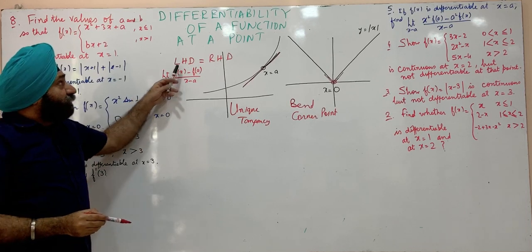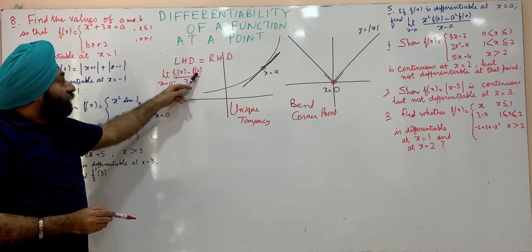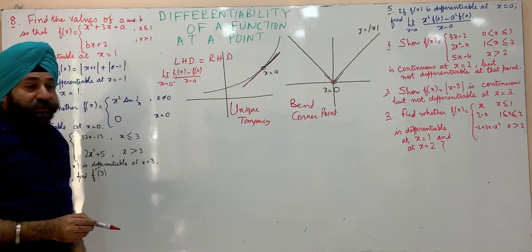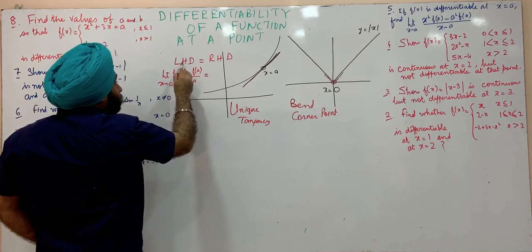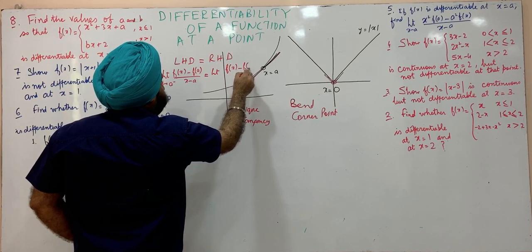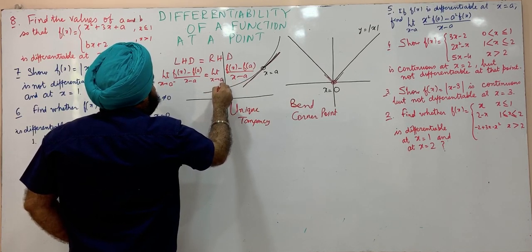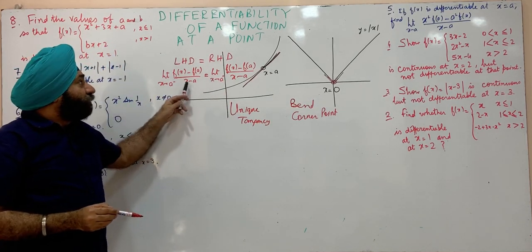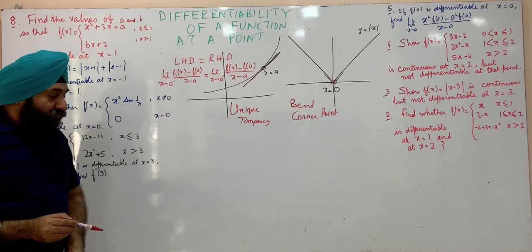F of x is the function whose differentiability we are studying, and x is equal to a is the point at which we have to study the differentiability. So a minus is for the left hand derivative, and the right hand derivative is the limit of f of x minus f of a upon x minus a as x approaches a plus. If the two limits exist and are equal, we say the function is differentiable at x is equal to a.